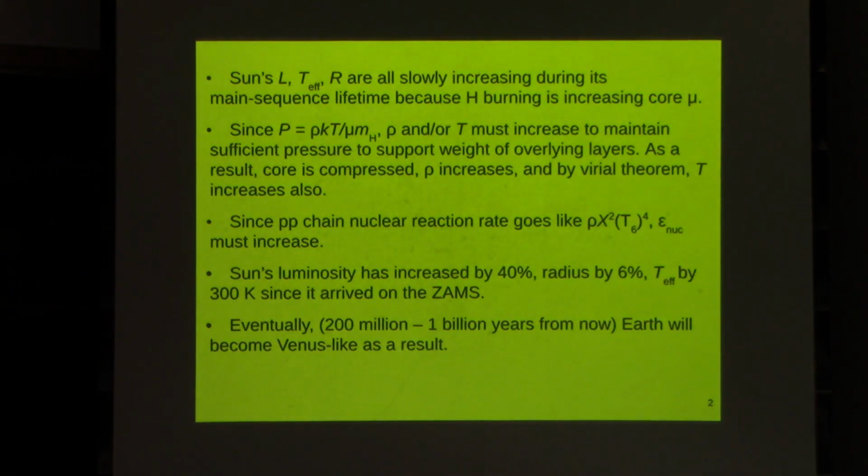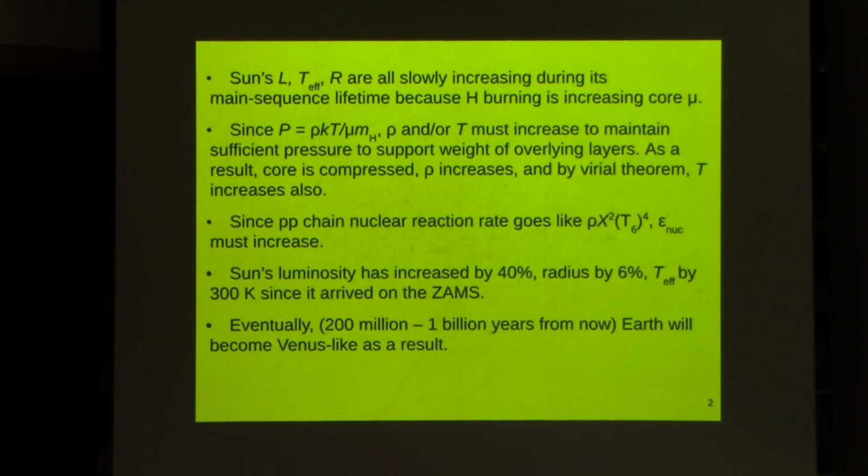The sun's luminosity, effective surface temperature, and radius are all slowly increasing during its main sequence lifetime because hydrogen burning is increasing the value of mu, the mean molecular weight in the core. Put another way, it's reducing the number of particles because 4 hydrogens produce a single helium nucleus. And so the number of particles, which is what shows up in the ideal gas law, right?